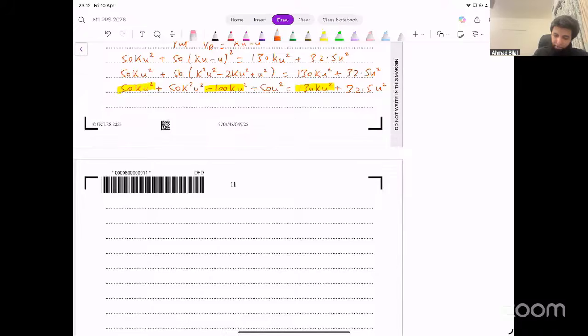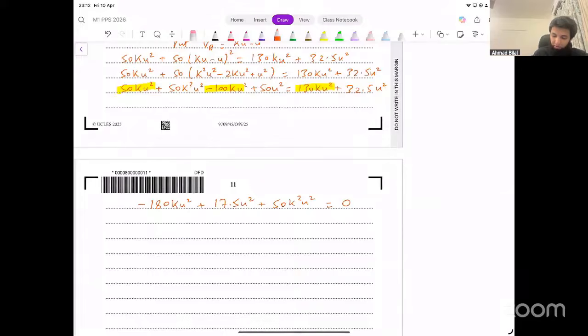If we bring them to the left side, minus 50, minus 100 and minus 130 gives minus 180 Ku squared. And 32.5 U squared and 50 U squared, if we bring them to the left side, give us 17.5 U squared, and we also have 50 K squared U squared. That equals 0.